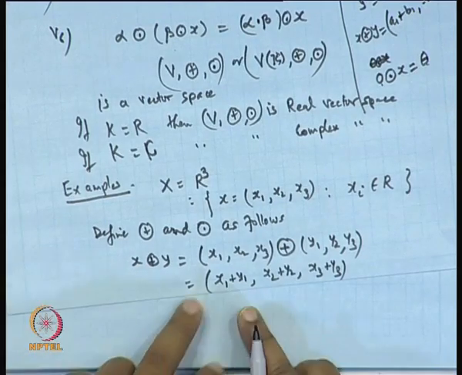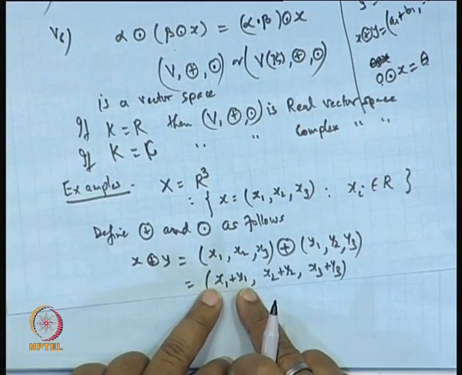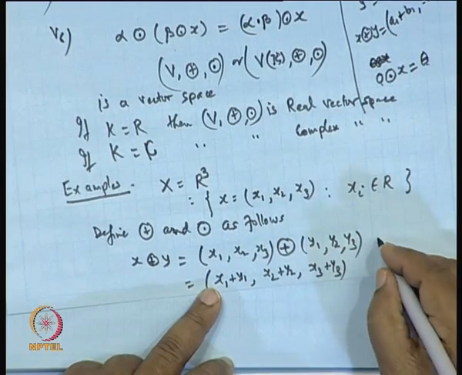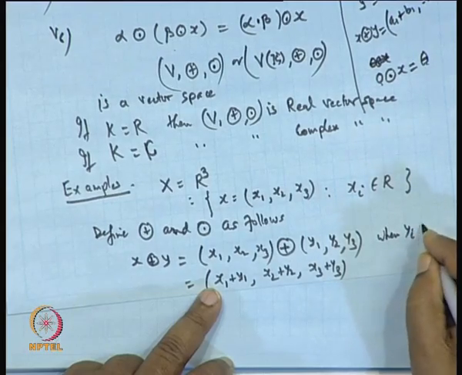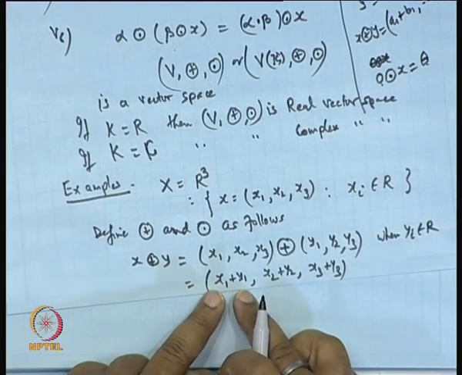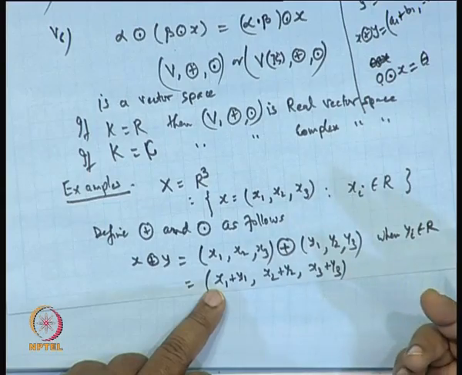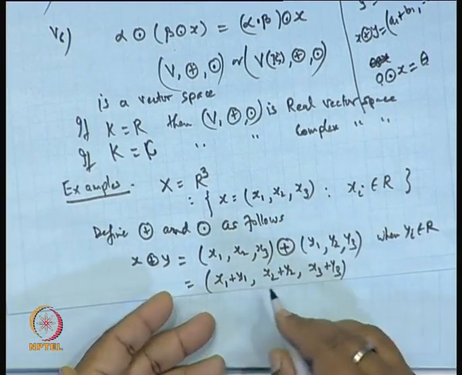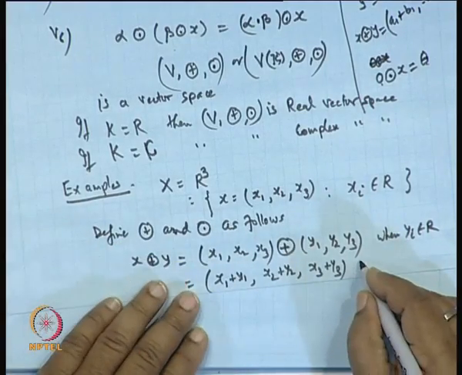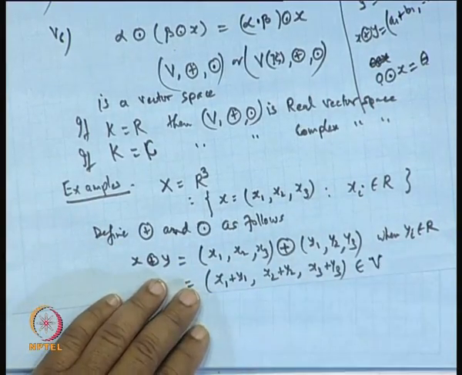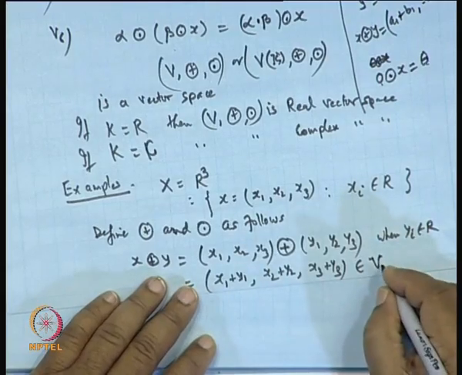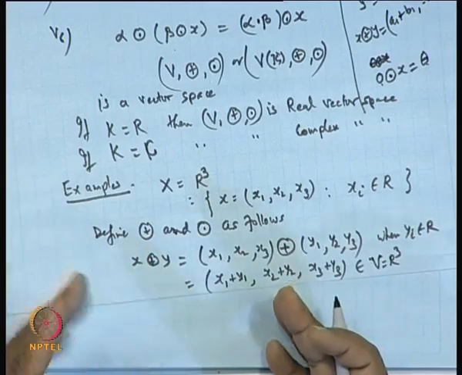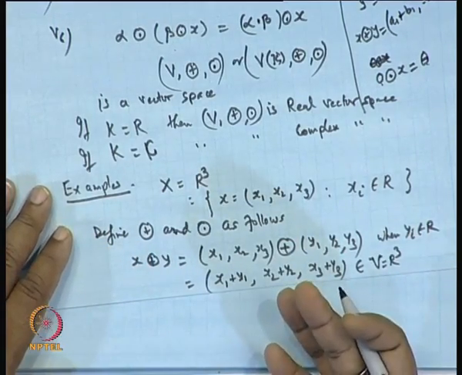Now, x 1, x 2, x 3, y 1, y 2, y 3 are all real numbers, so x 1 plus y 1, x 2 plus y 2, x 3 plus y 3 will also be real numbers. Let us call them z 1, z 2, z 3. So, it is again an element of V, where V means R 3.